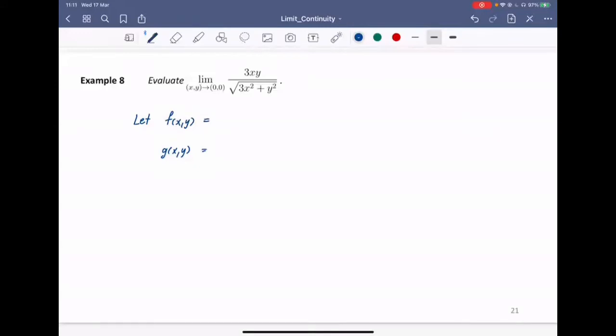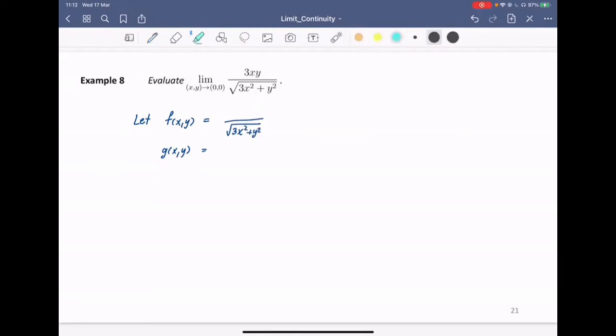All right, so we need to pick f and g here. As I told you, the best trick is you put the thing that you have in the denominator on f. So I'm going to pick square root of 3x squared plus y squared on f.